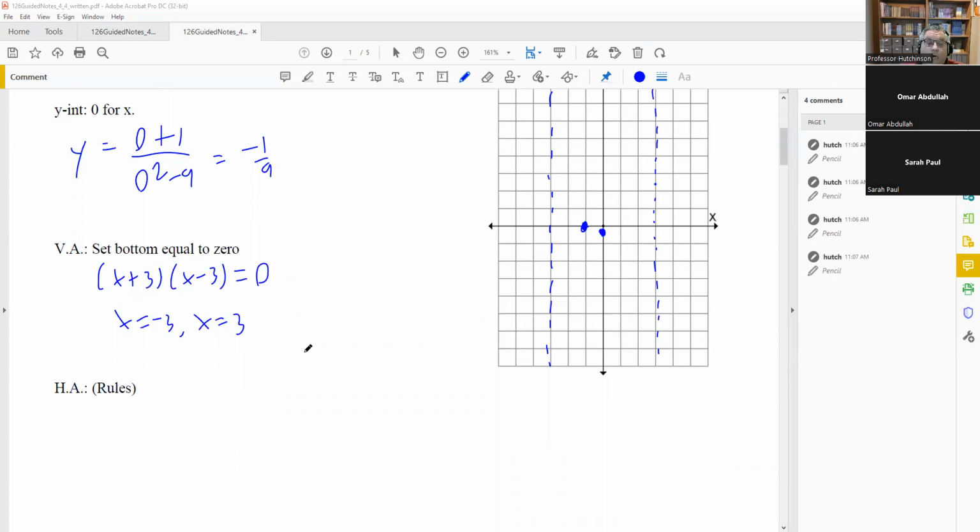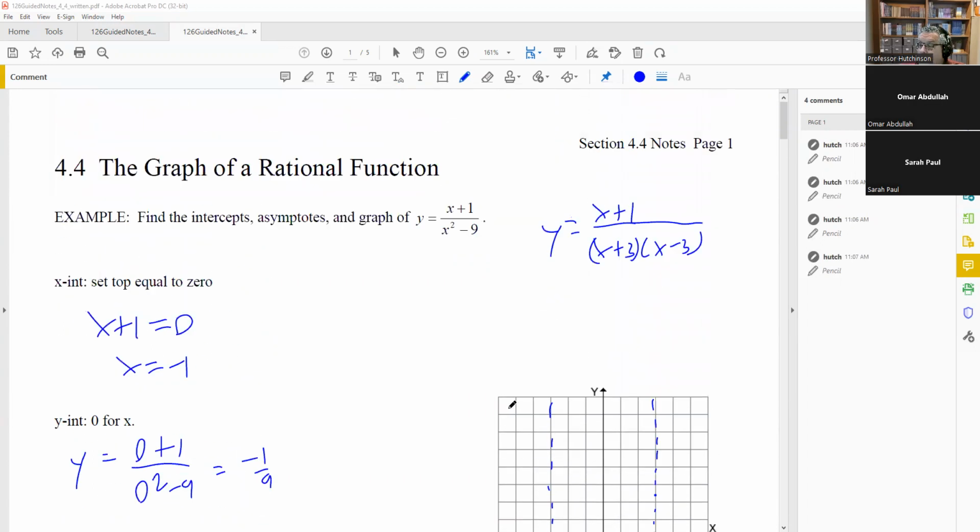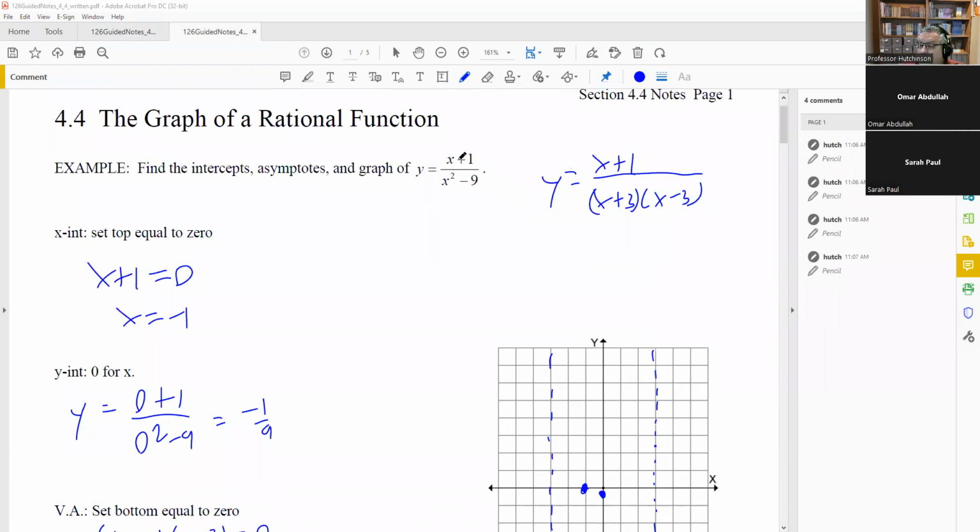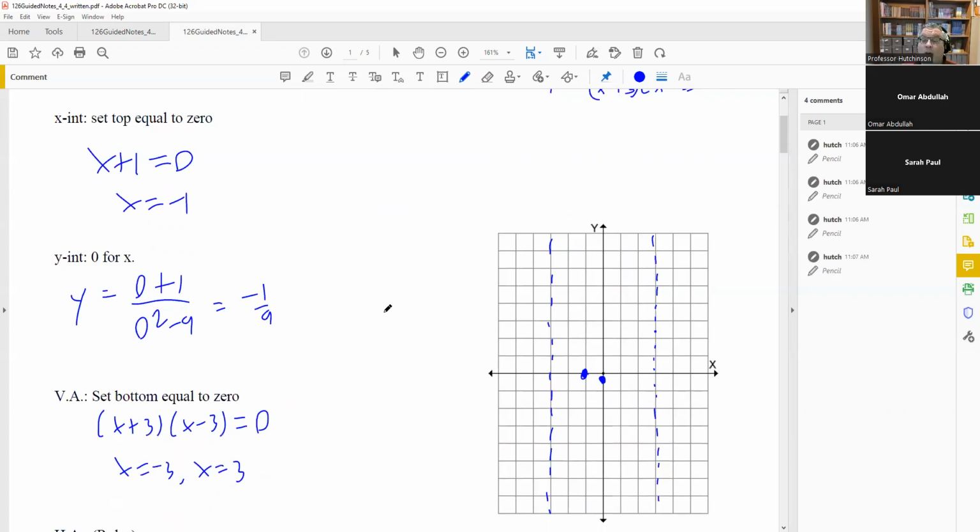Next thing we have is a horizontal asymptote we now have for it. So horizontal asymptote, okay, let's go back to the original one. Now the original one, there's a power of 1 that's on the x. So I have x to the 1 and I have x squared. To find the horizontal asymptote, these are the rules where you have to look at the highest power on top and the highest power on the bottom.